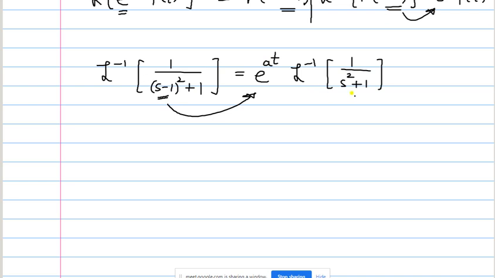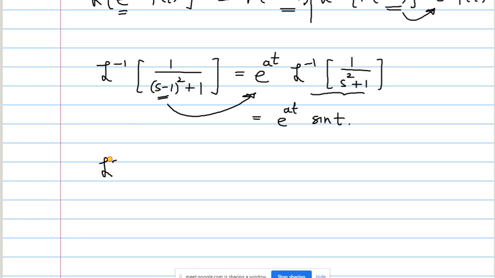So this property takes care of these types of translation things. So e to the power t is there, and now we know that this answer is sine t. Directly it looks like sine, but sine only has s square, not (s minus 1) square. So this is the property which helps you find the Laplace inverse transform when you have a translation.